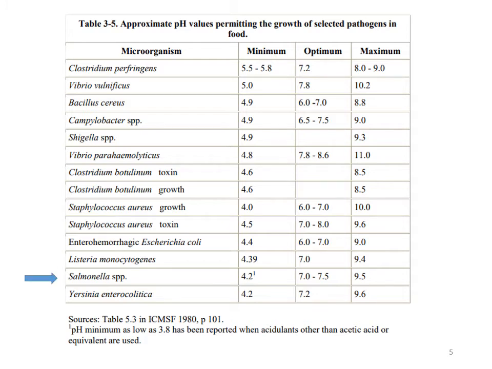Our attention is on Salmonella and also Yersinia enterocolitica, which are able to grow on acidic food as low as pH 4.2. So if you know that your food has the risk for Salmonella and Yersinia enterocolitica, you may consider reducing the pH of your food to 4.2 in order to prevent the growth of these pathogens.